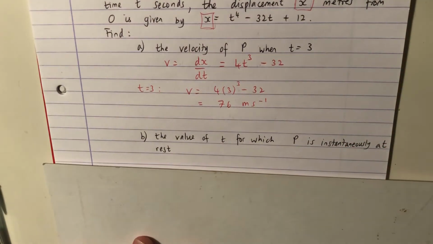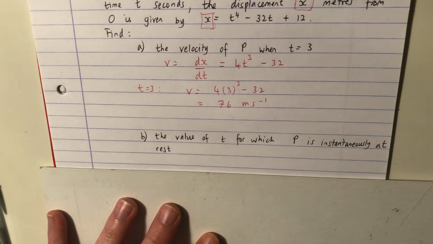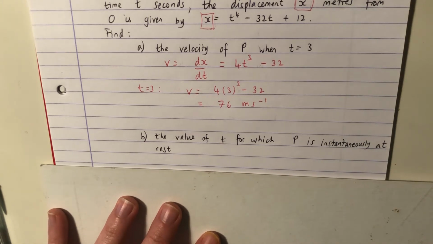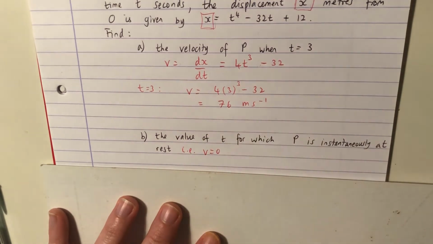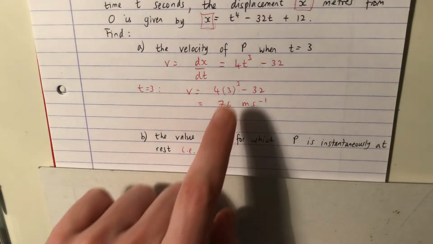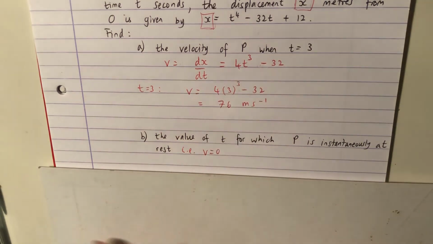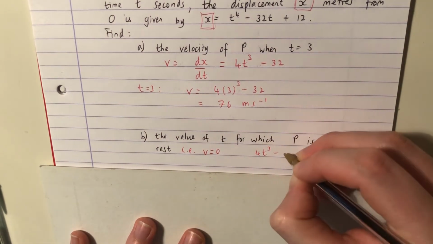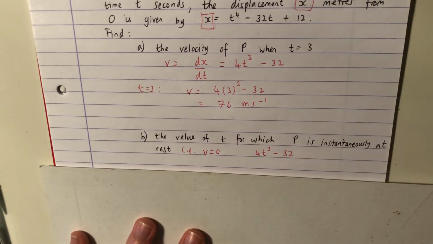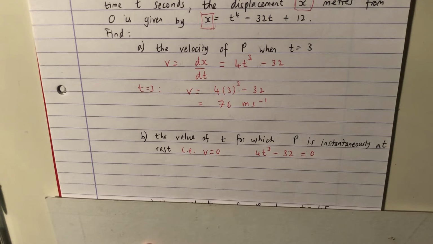Part b. I'm going to find the value of t for which the particle P is instantaneously at rest. In other words, v is equal to 0. And remember, we've got the formula for velocity above. So we've got 4t cubed subtract 32 needs to be equal to 0. How do we solve this?